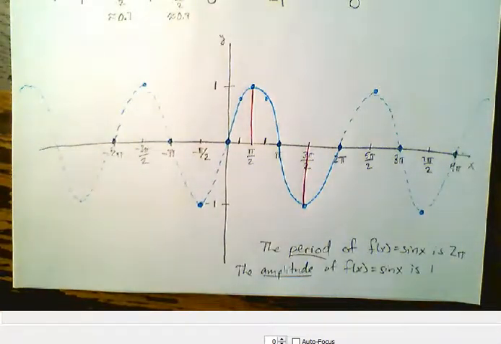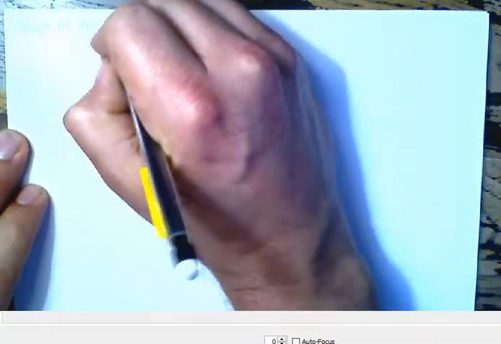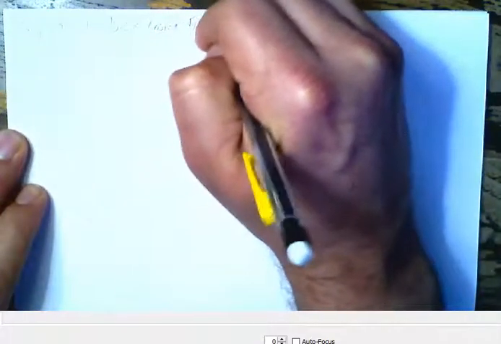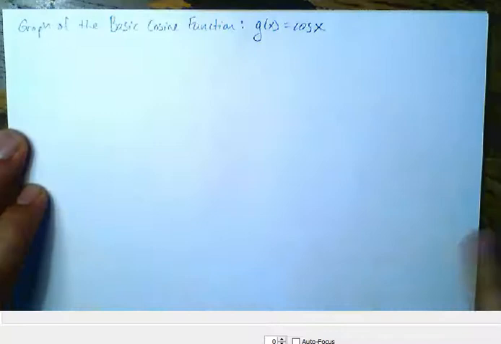All right, now let's look at the cosine function. So let's look at the graph of the basic cosine function. Let's say that's g of x equals cosine, cos x.